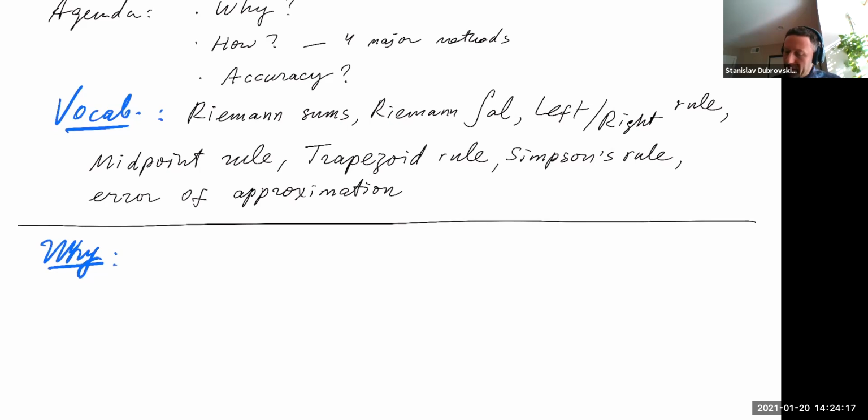But frequently, even if you have a perfectly integrable function, the function that you can integrate, you can find the antiderivative in elementary functions, and we discussed last time, it's not always possible. But even in these cases, you may want to do approximate integration just because it takes so long to get the exact answers.